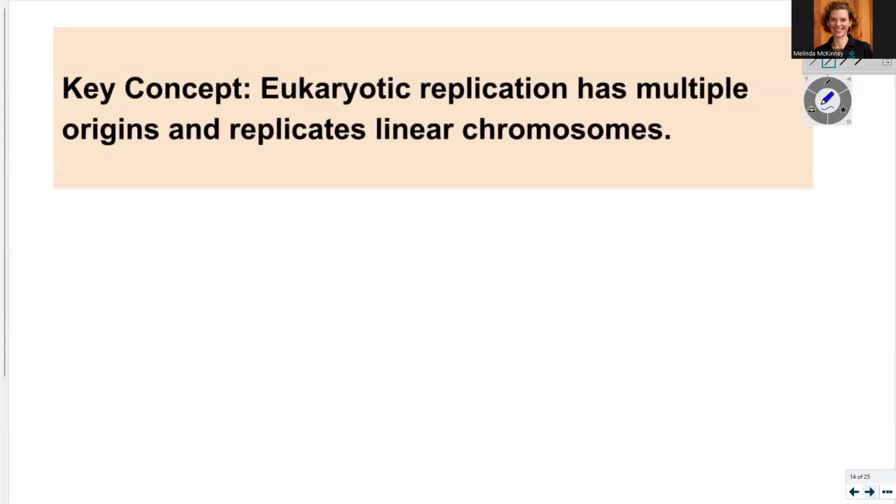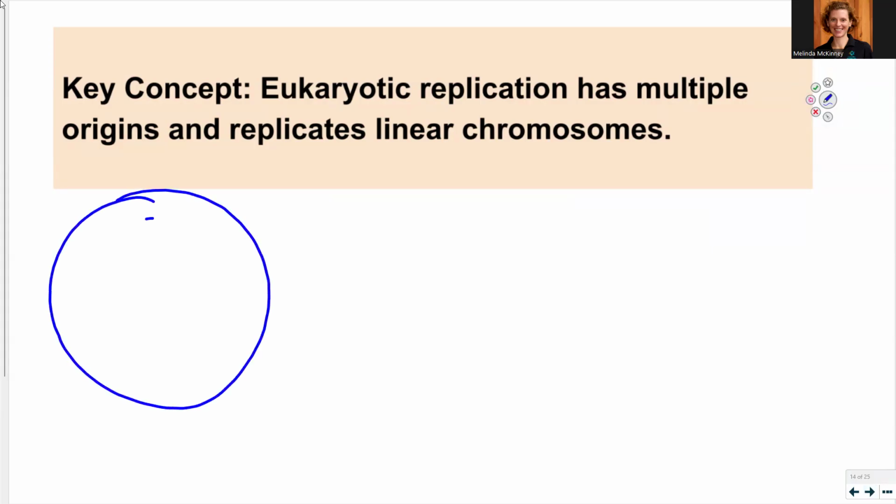And that's in contrast to eukaryotic replication. So we know that in eukaryotic cells, we have a nucleus. Inside of the nucleus, there are multiple linear chromosomes. We have 46 of these in our human somatic body cells. So we have lots of these. And every time that the cell is replicated, we are going to make a copy of these.